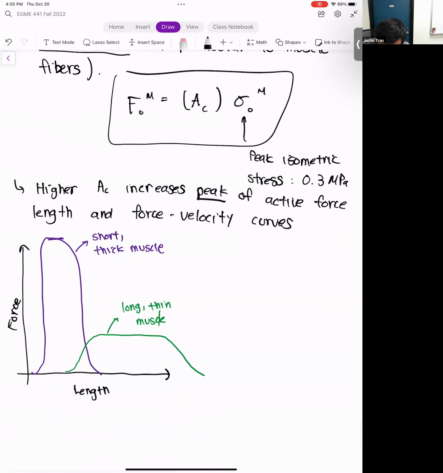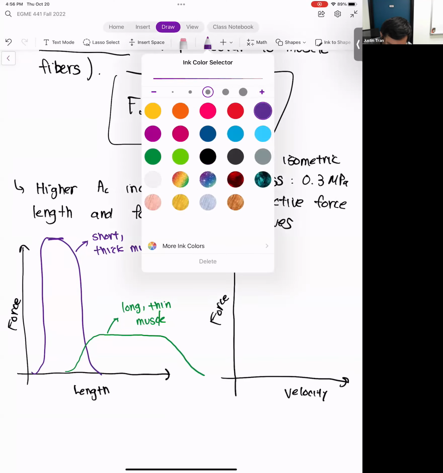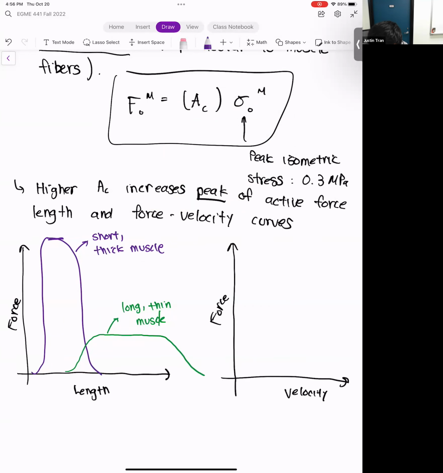You can see the same trends for the force velocity curve as well. And so we have velocity, force. Okay. For a short, thick muscle, you may have a higher peak up here. Okay. And so this might be the isometric maximum. And then it's going to decay pretty rapidly.